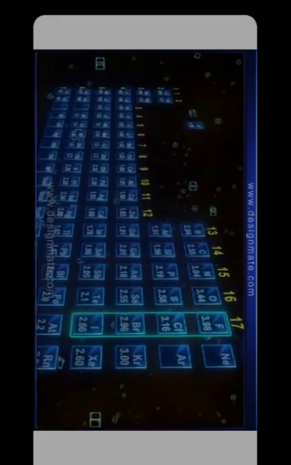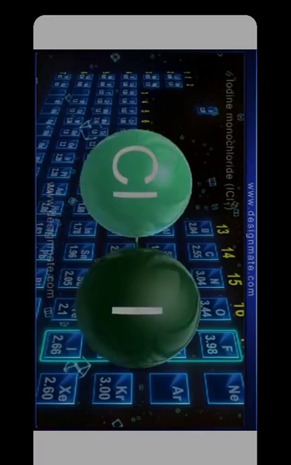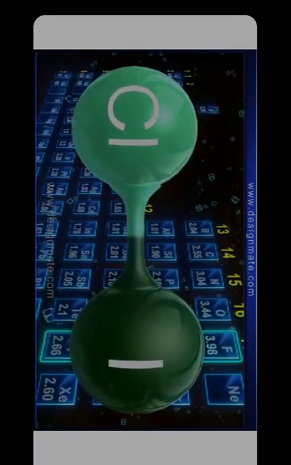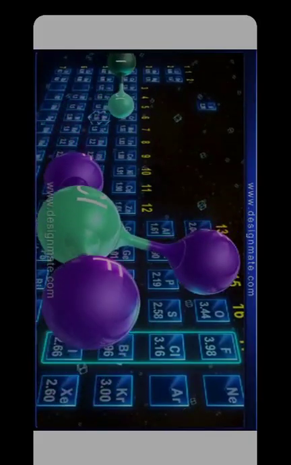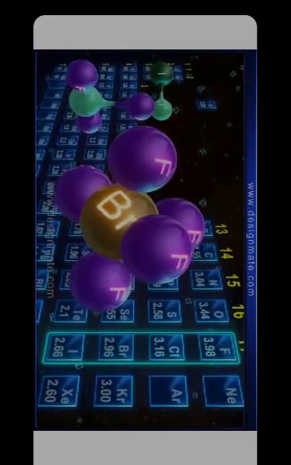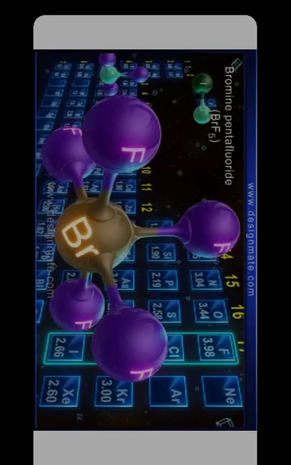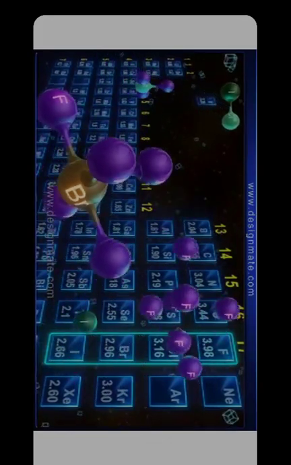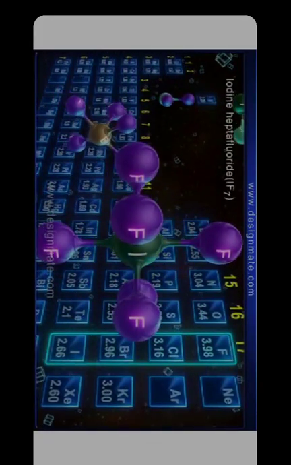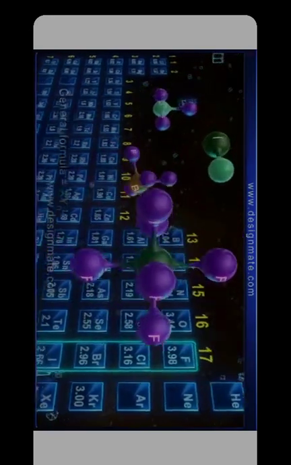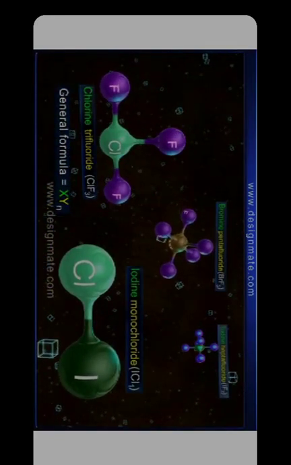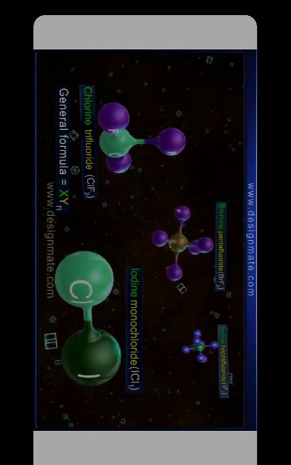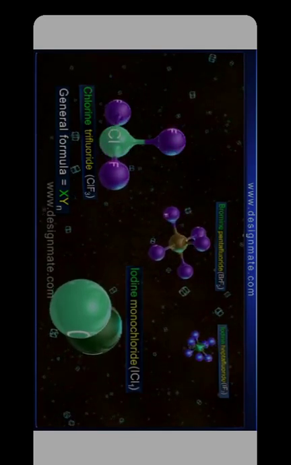Most inter-halogen compounds like iodine monochloride, chlorine trifluoride, bromine pentafluoride, iodine heptafluoride can be denoted by the general formula XYn, where X is the less electronegative of the two halogens and is named first.